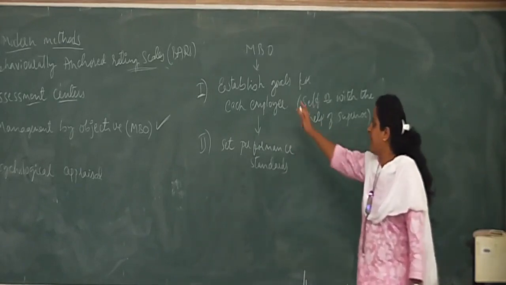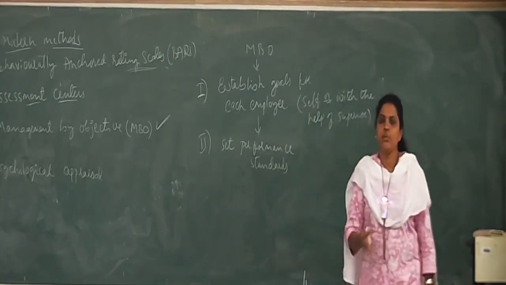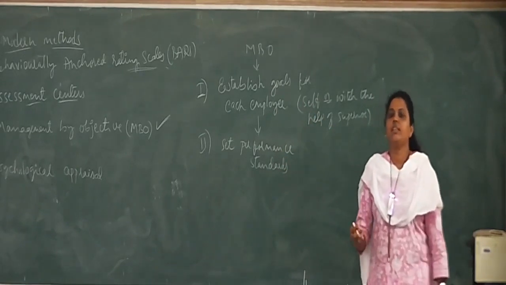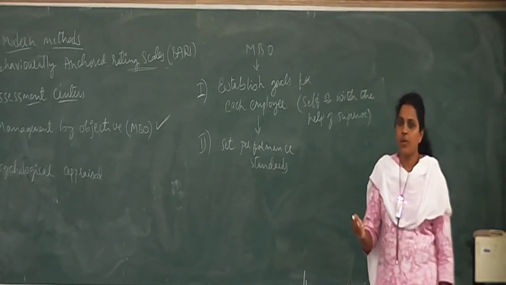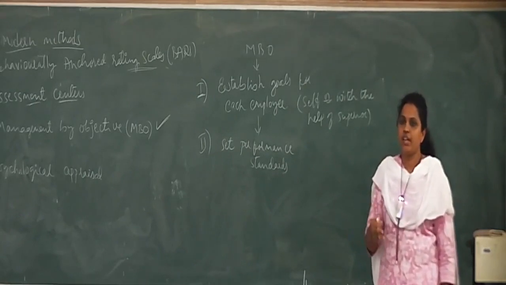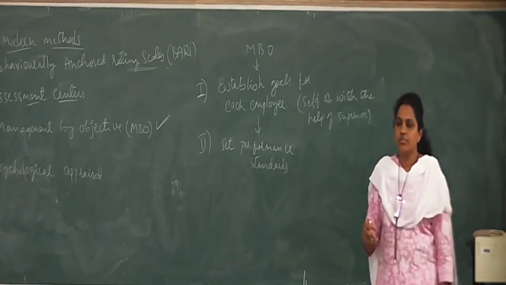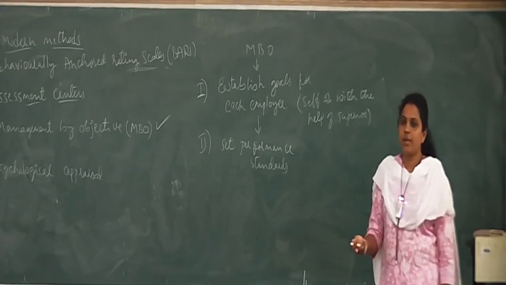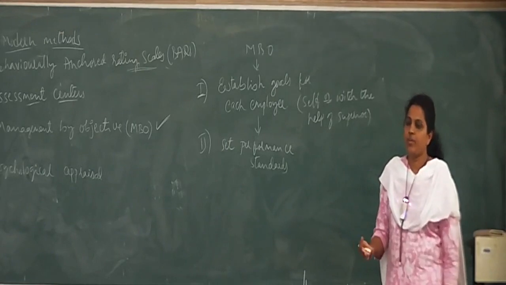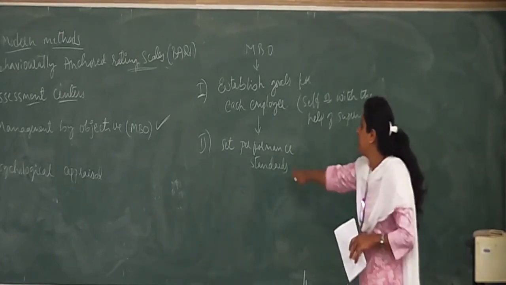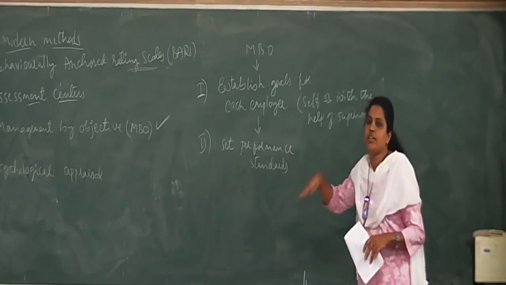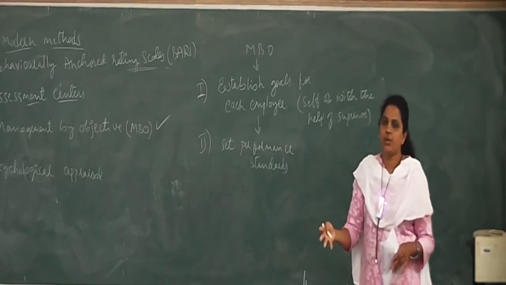For that his performance standard would be to check the requirement of the raw material, or revise the requirement of the raw material, every week, and stay in contact with the supplier and make them agree to supply the required amount of raw material every weekend. So that would be the performance standard for that person who is working in the procurement department.